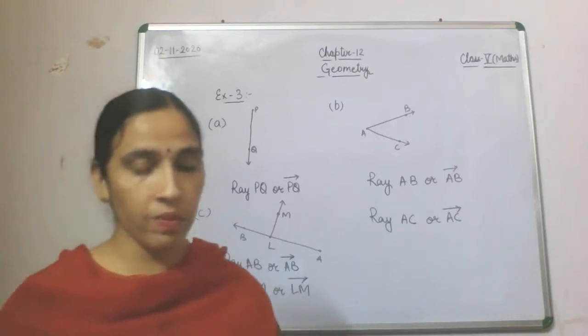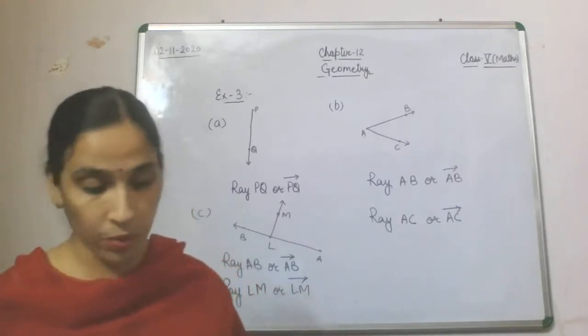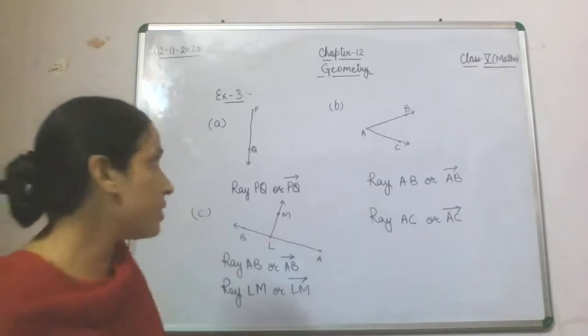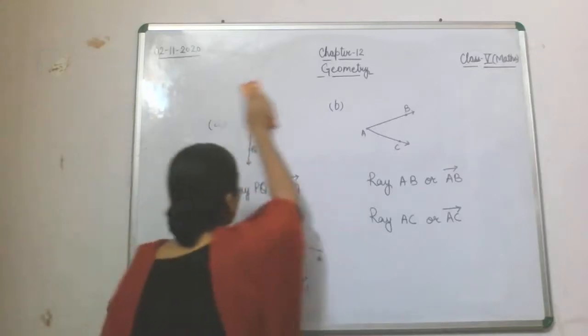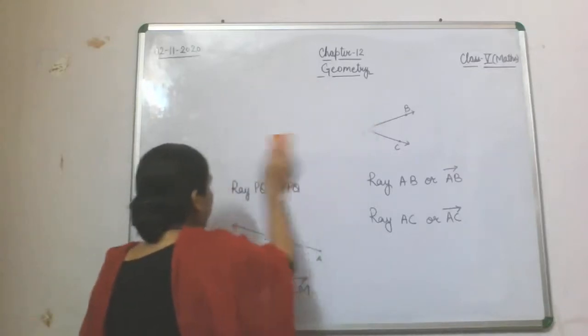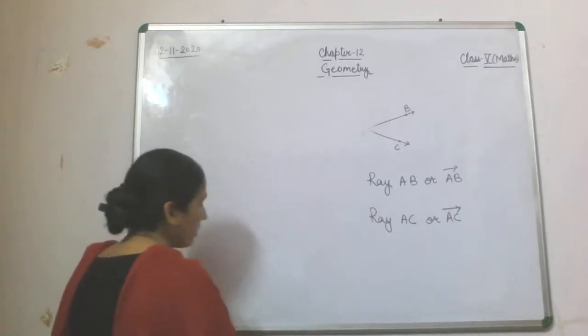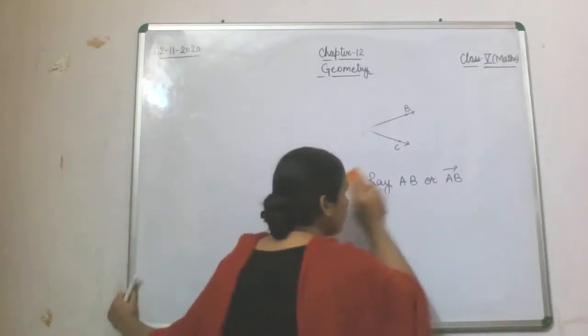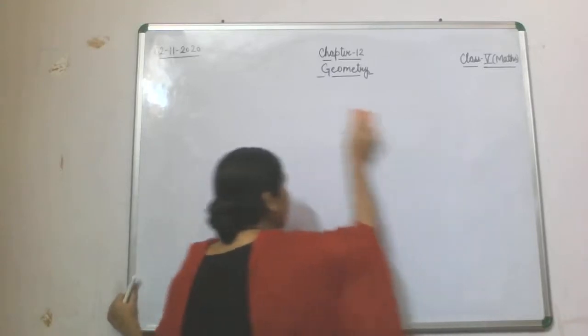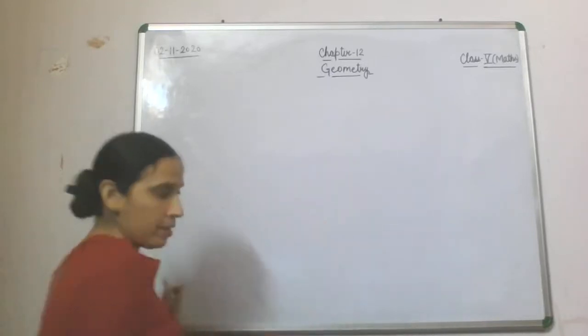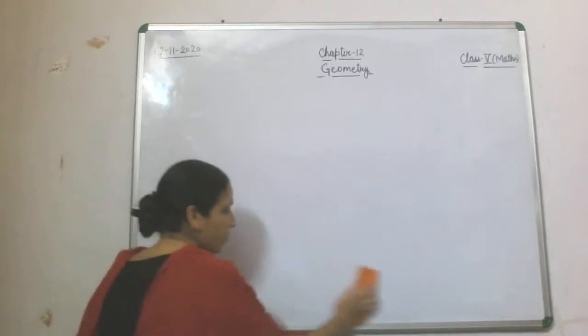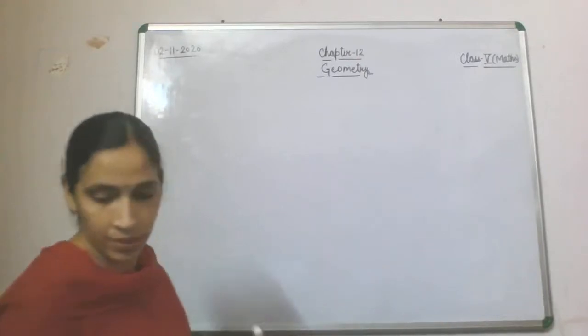So now children will come to exercise 12.1. The first question of exercise 12.1 is related to fill in the blanks, related to line, line segment and ray.